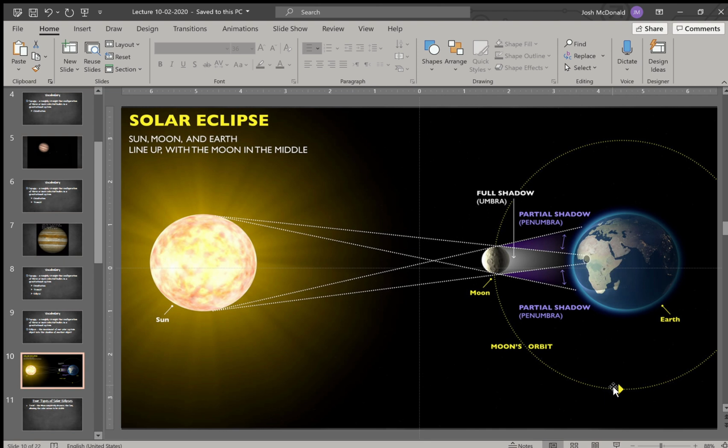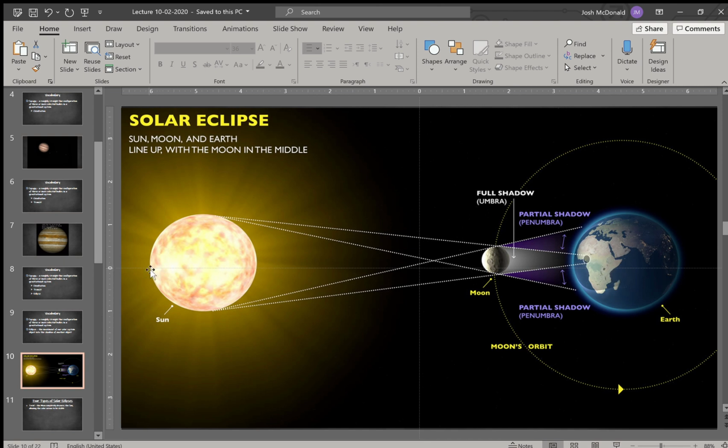The solar eclipses are a little more rare, and it has to do with the fact, which we talked about yesterday, that the moon's orbit is an ellipse, and also it is a little over 5 degrees tilted away from the orbital plane of the Earth and the Sun.